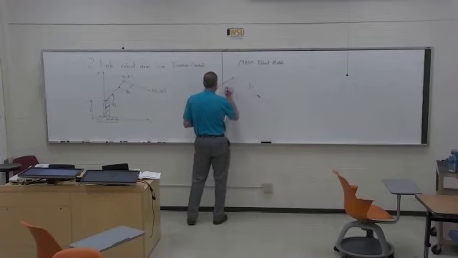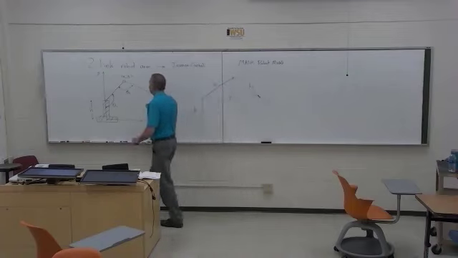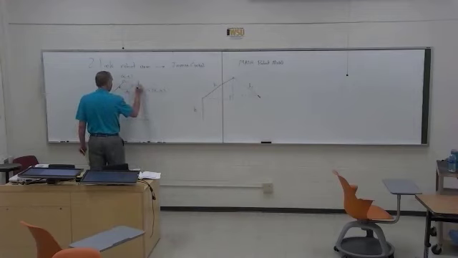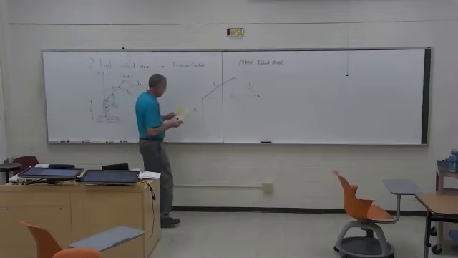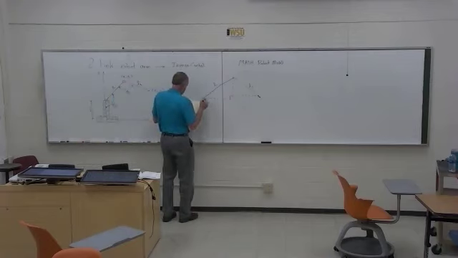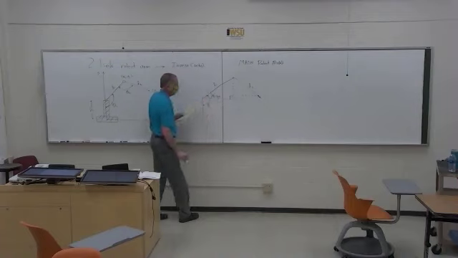This length is L2, this length is L1. I didn't label this over here, so let's do that. So this thing is θ1. So this is θ1 minus 90 degrees.